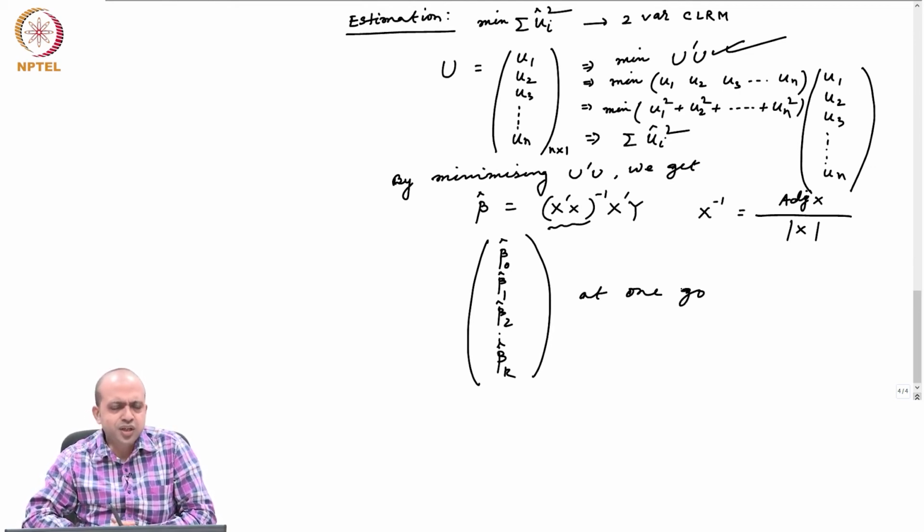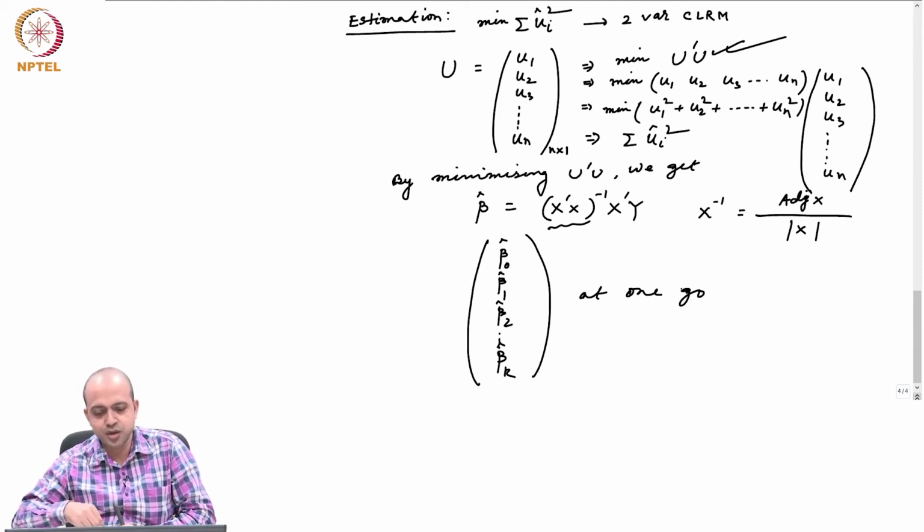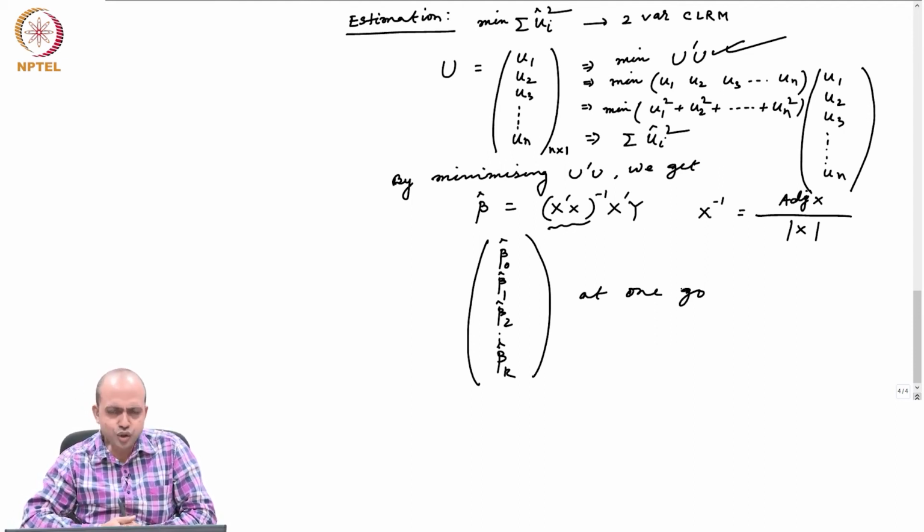Then you might be thinking, does that mean that whenever we get a multiple linear regression model, we need to first represent it in matrix notation and solve? Solving this matrix is also not always easy, because you have so many parameters: you construct this x matrix, multiply with x, take the inverse, multiply with x prime, and then multiply with y. That is not very easy. You get all these parameters at one go, but you have to solve this.